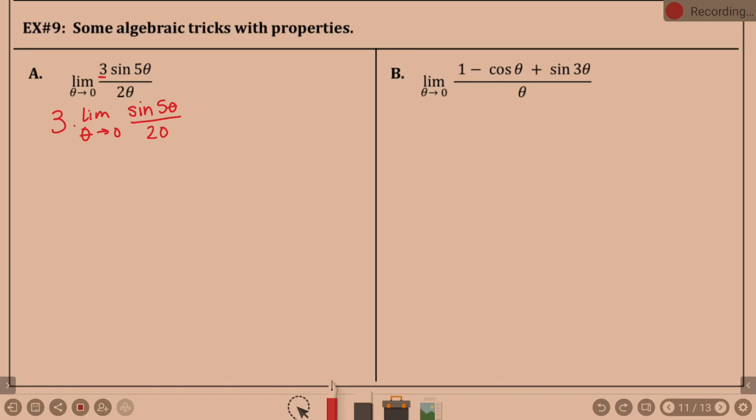So then what are we looking at? 5 halves, 3 times 5 halves, which is 15 halves. Why? Because you make sine theta 1? Well, go back to example C right here.